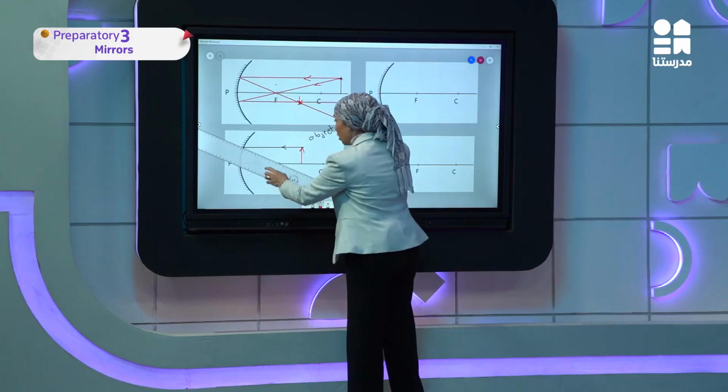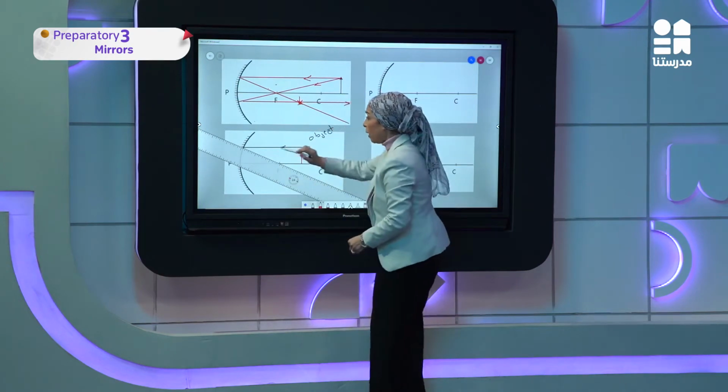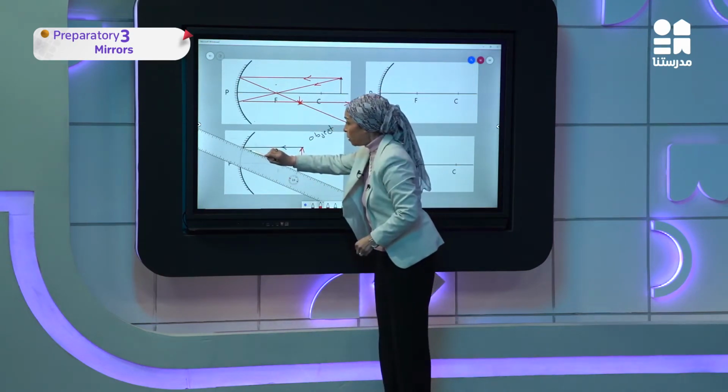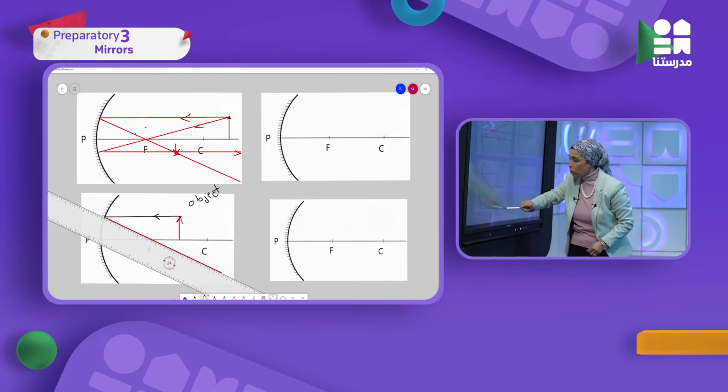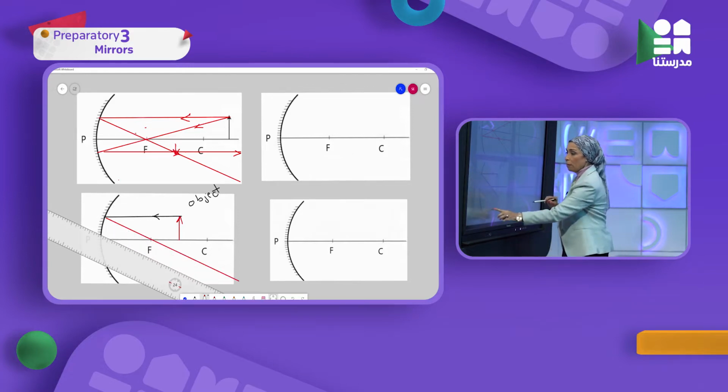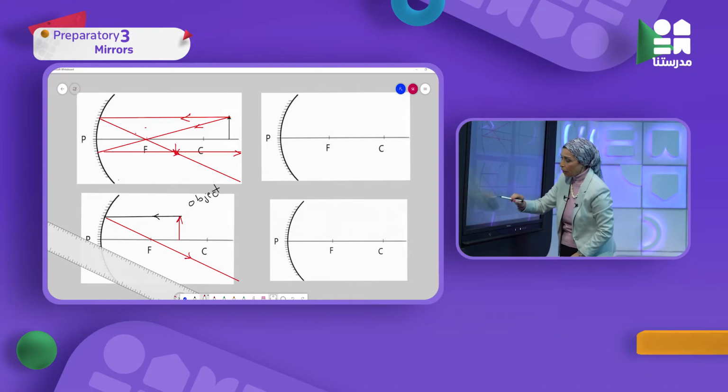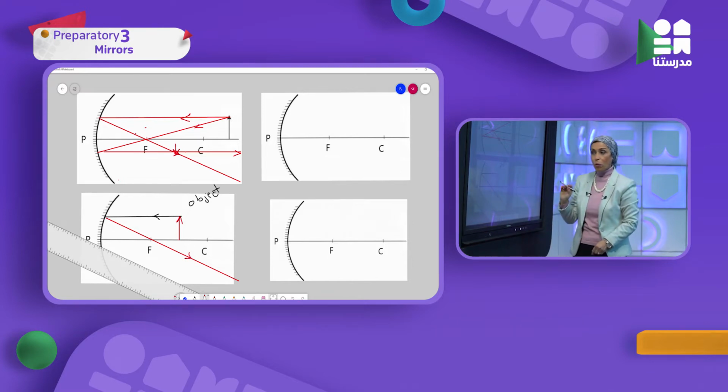Let's change the color so we know the difference between the reflecting and the incident rays. This is incident parallel, so the reflecting is passing by the focus. And then, as we agreed together, we put the arrow. Then that's the first ray.